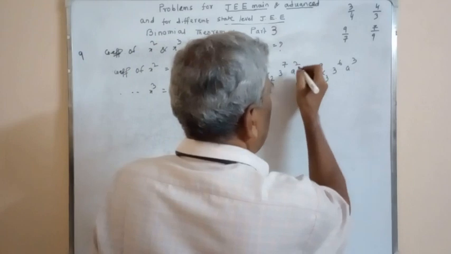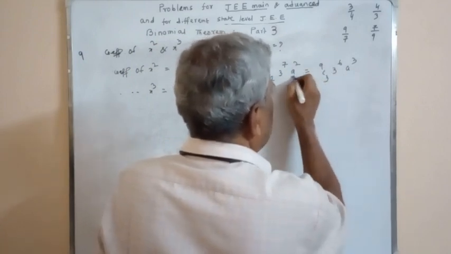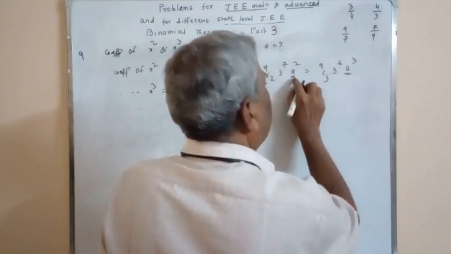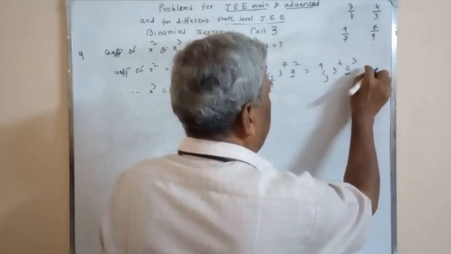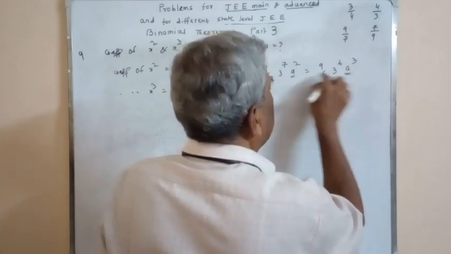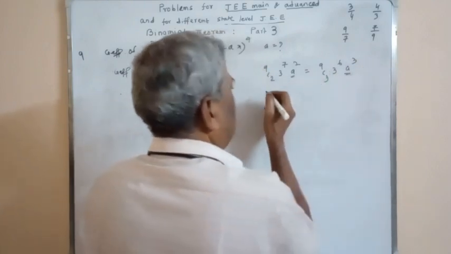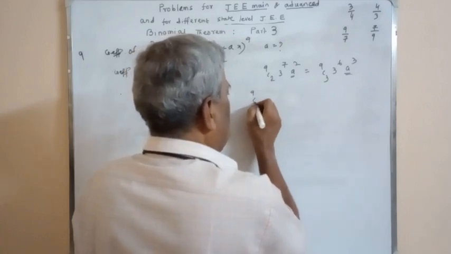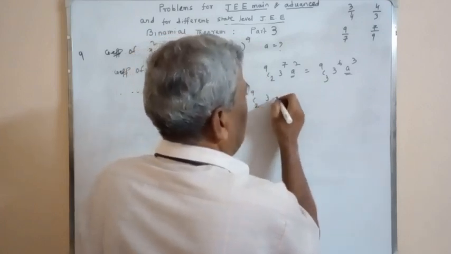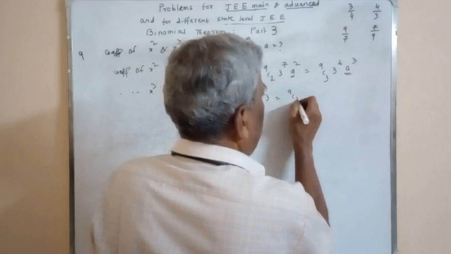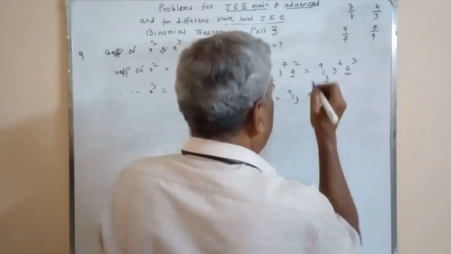So actually, between a square and a cube, a square will be cancelled, a will be there, and between this and that, 3 will be there. So 9c2 into 3 is equal to 9c3 into a.